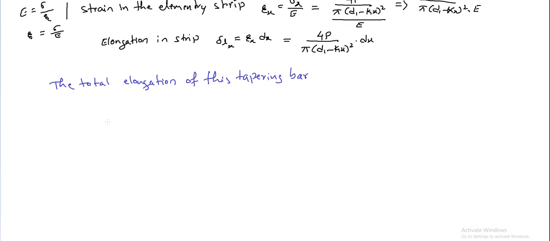So the total change in length is from 0 to L. This is the elementary strip, 4P by pi E times (d1 minus kx) whole square dx.